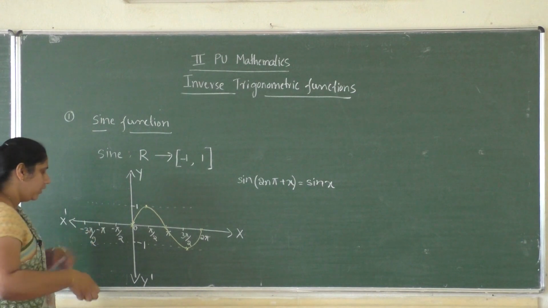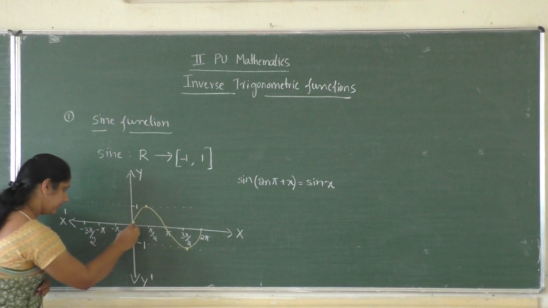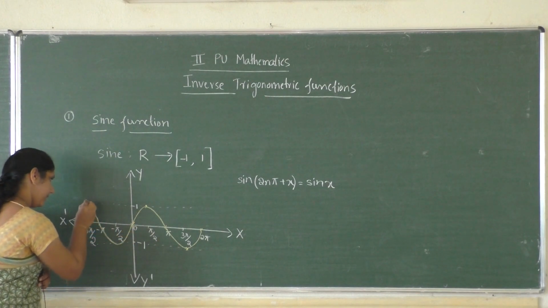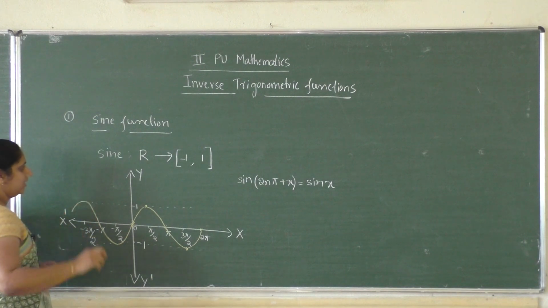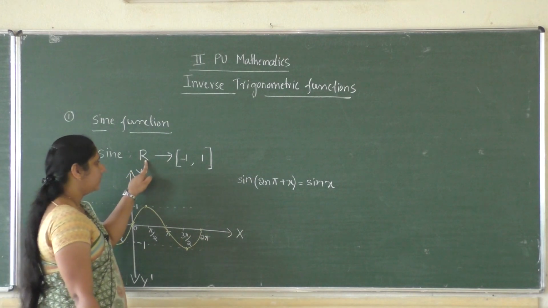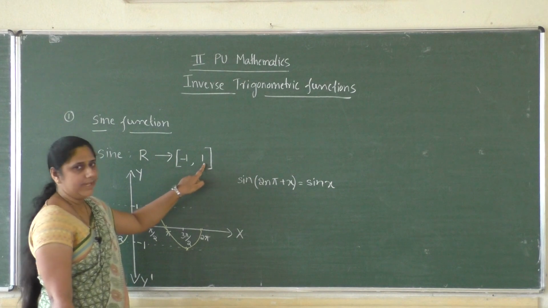So we have to draw the same graph, and so on. So this is the graph of the sine function, where the domain of the sine function is R and the range is the closed interval -1 to 1.